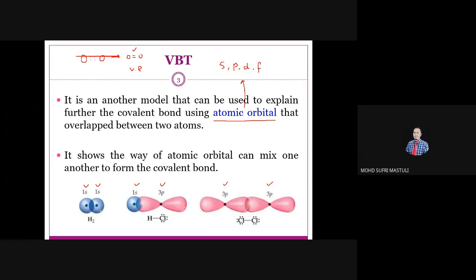But this time around, we are going to explain the bonding further by using atomic orbitals. So for every molecule, you have to be able to identify which orbitals are involved in the formation of bonding. We are going to go through them one by one.